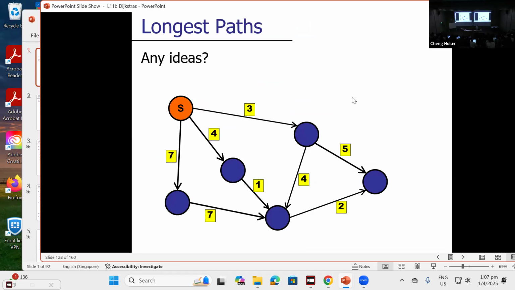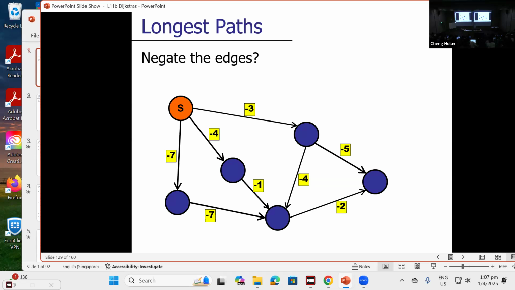Okay, on the other hand, what if I want to find the longest path instead of the shortest path? I just negate it. Can I?